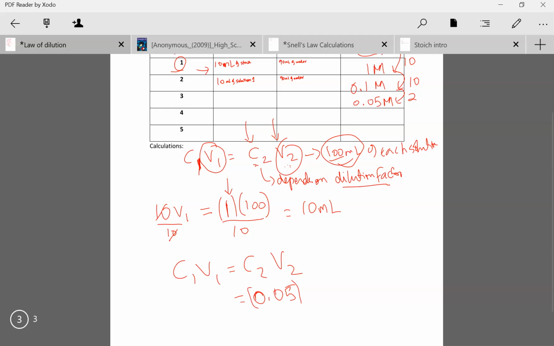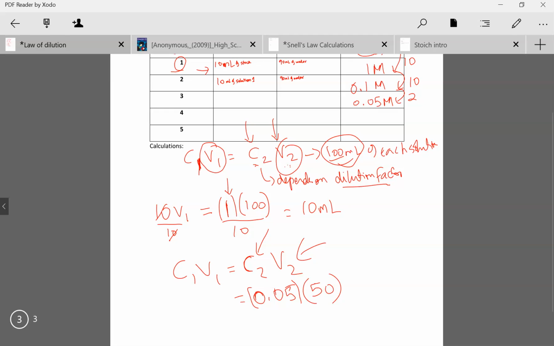My volume, again, I can decide, instead of 100 milliliters, let's say I'm going to use 50 milliliters, for example, just to change it up. Again, I can decide what these two are. This one, maybe I'll give you in the question, I want a dilution factor of half, or you will usually know what kind of dilution factor to use, but the volume just entirely depends on what kind of experiment you're doing and how much water you need.